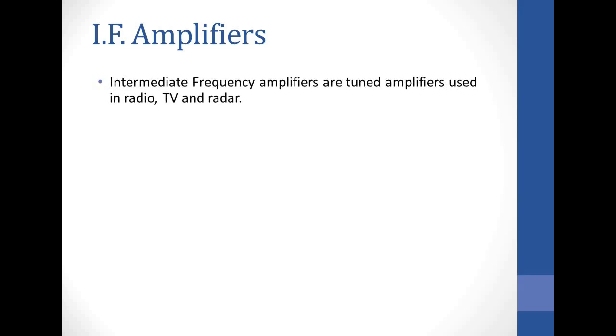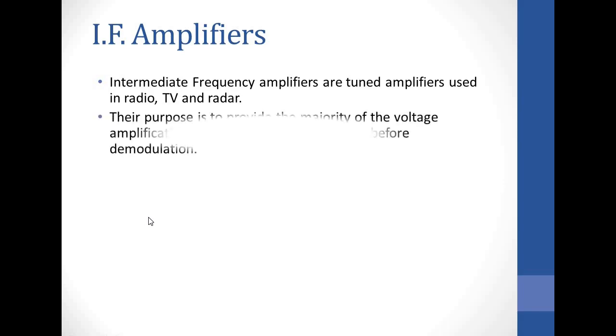Then we've got IF. This concept of IF, we're going to look at it when we're looking at radio receivers. But in general, what I can say for now is that intermediate frequencies are frequencies below RF but above audio frequencies. And these intermediate frequencies are used so that we can increase gain at this stage.